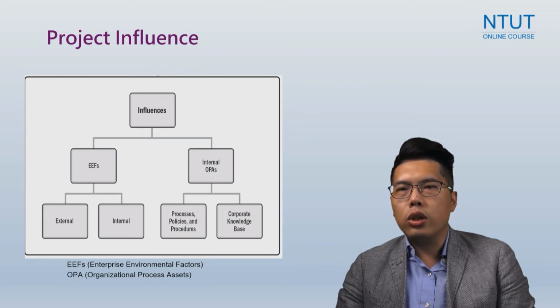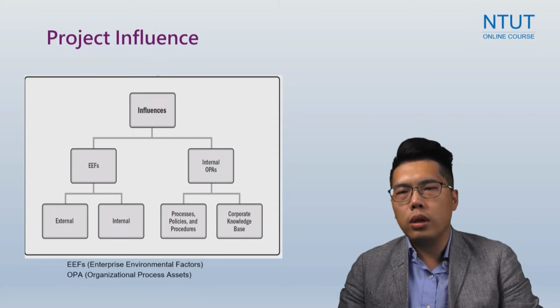And the OPA, which is the organizational process assets, has a lot of policies and regulations inside of a company. And also, it's related to the corporate knowledge basis. We will go through the detail of the EEF and the OPAs in the following slides.